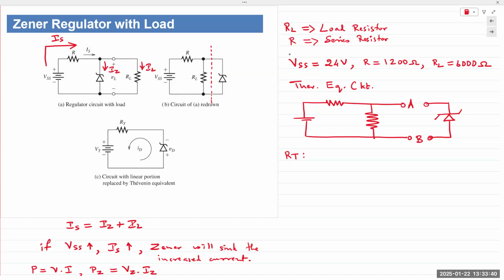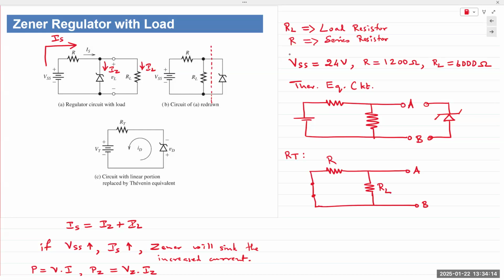RT, the Thevenin resistance, is simply Req. So what happens to the voltage source? Current sources and voltage sources are reduced to 0. So the voltage source is replaced with a short circuit, and current sources with an open circuit. If I short it, what happens to the relationship between R and RL? They are absolutely in parallel.